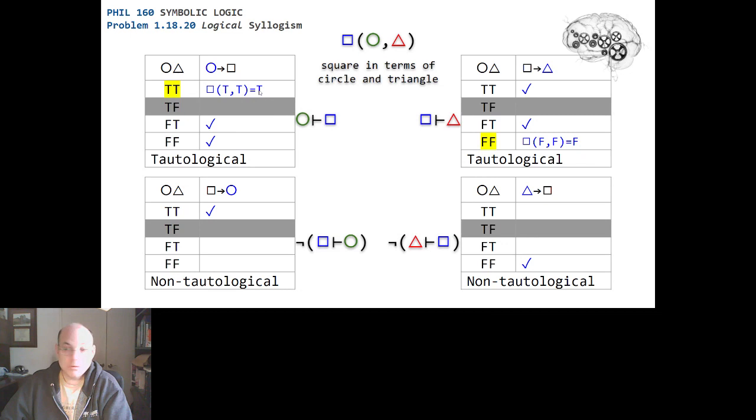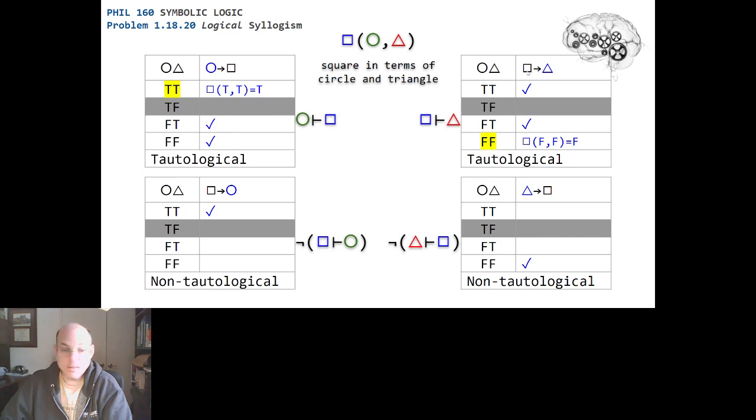If we move over to the other tautology, that's the same idea, that we need all of our interpretations to be true. The value of triangle here is false, which means that we need square to be false in this interpretation in order for the overall value of the argument, square only if triangle, to be true.